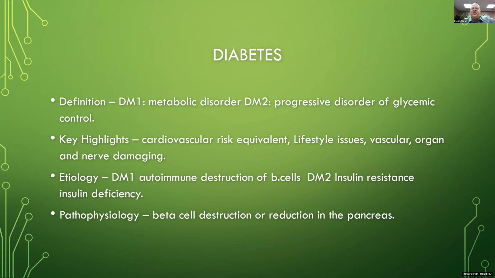Oftentimes it's a lifestyle issue. It's a medication compliance issue. It affects our vascular system and organs and nerves in tremendous ways, right? So the 2 leading causes of renal failure in America are diabetes and hypertension, okay?